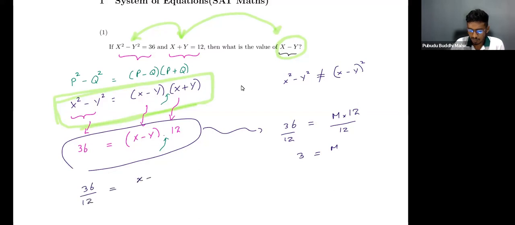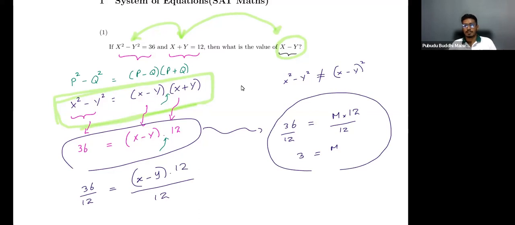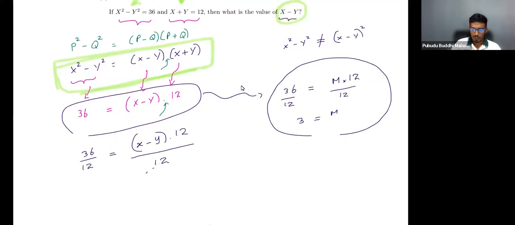Basically we are dividing both sides by 12. If that's uncomfortable, you can use a different symbol for x minus y. That's all. Then 12 and 12 can cancel. So x minus y equals 3. That's the answer.